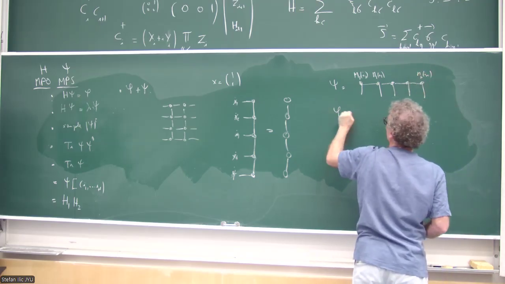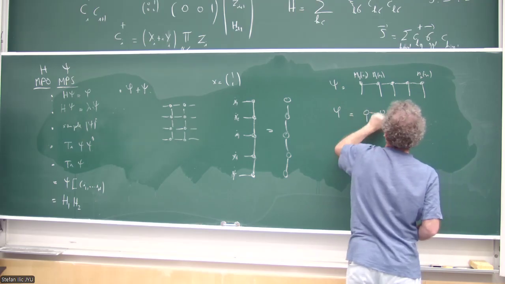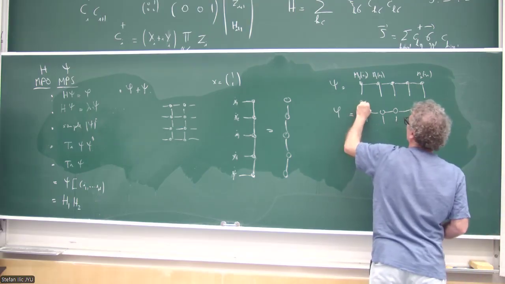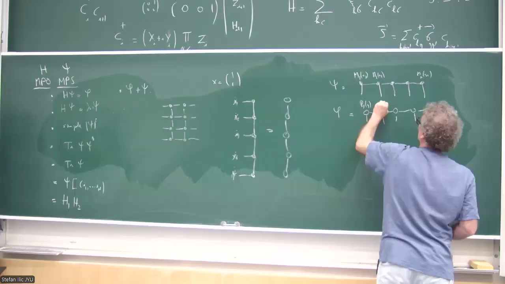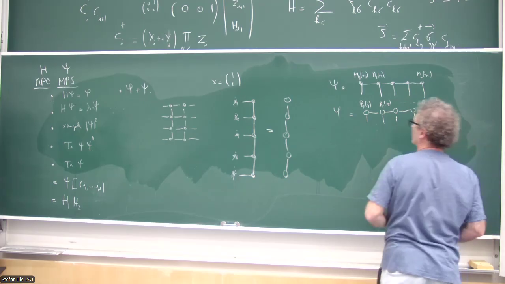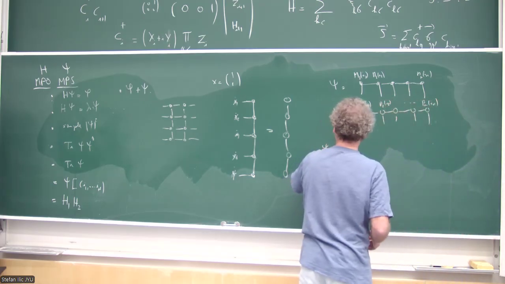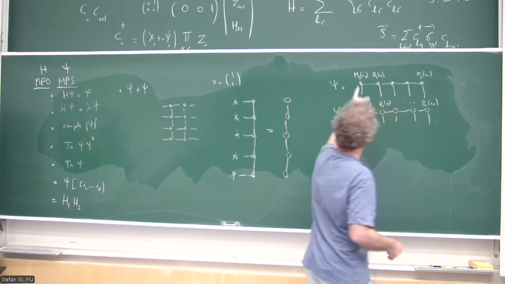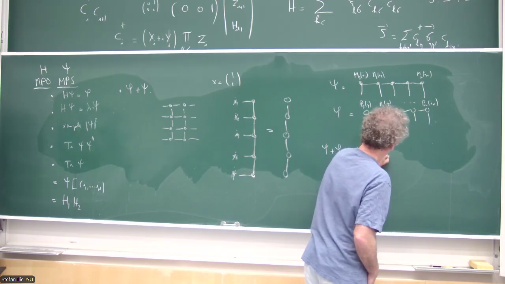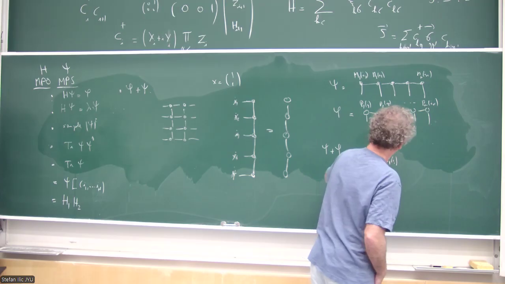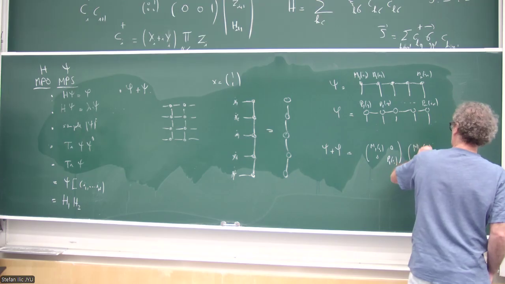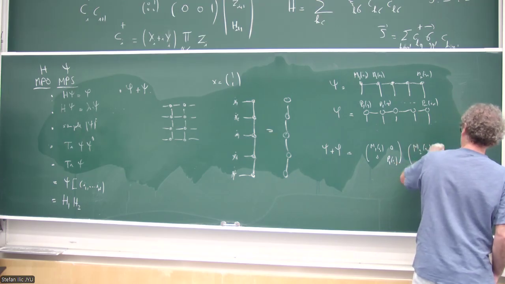And phi is another one, P1 of I1, P2 of I2, and so on. So psi plus phi, I just need to construct the matrix, which is M1 of I1, P1 of I1, then M2 of I2, P2 of I2.